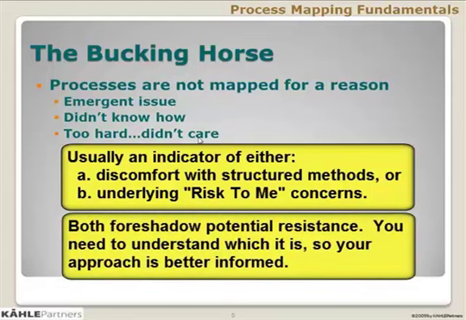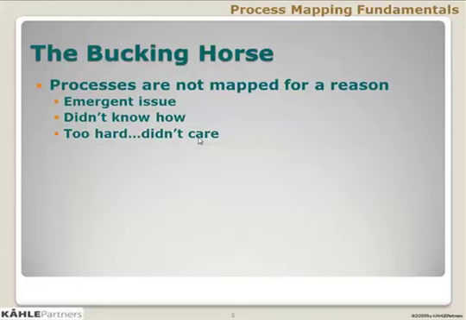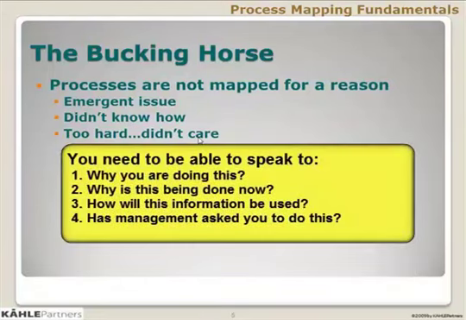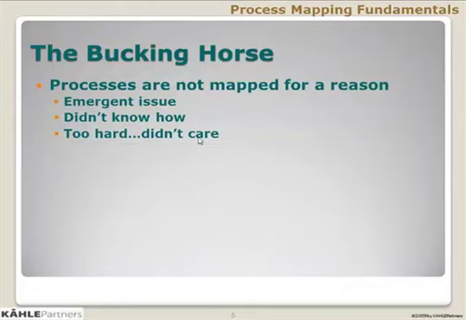The fact that you are taking the time and expending the effort to do something that they did not do, even though they knew how to do it, will raise questions in people's minds about why you're doing it. Why is it worth it to you to expend this effort? What are you going to do with this information? How will management view you with respect to the incumbents when this process is mapped? Are they going to view you as a smart guy, smarter than the people who are doing it, or as a troublemaker?